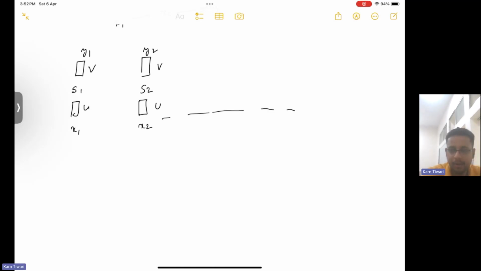U and V are my model parameters. Either you can take it as a neural network or you can take it as a matrix, anything it can be. S1, S2 are the hidden representations. So what we are trying to do is that initially we are having x1 as an input to our model, and it's giving us some hidden representation.